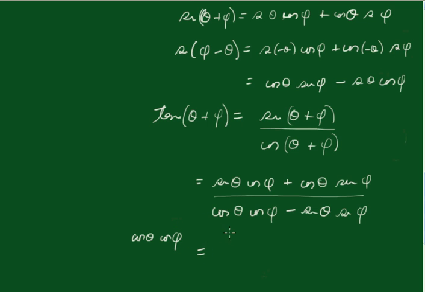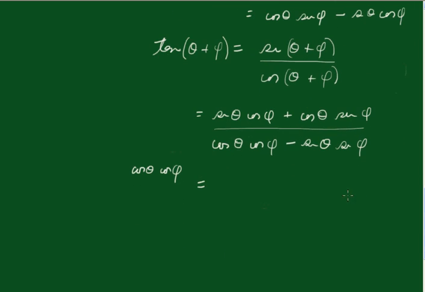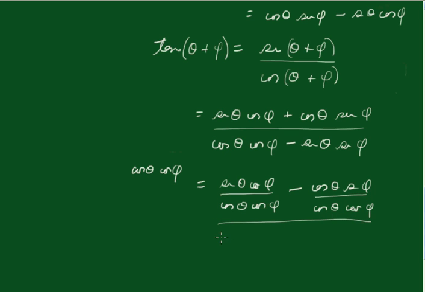So doing that, we'll get here the sine of theta, the cos of phi, over the cos of theta cos phi minus the cos of theta sine phi over the cos of theta cos phi, all over the cos of theta cos phi over the cos of theta cos phi minus the sine of theta sine phi over the cos of theta cos phi.